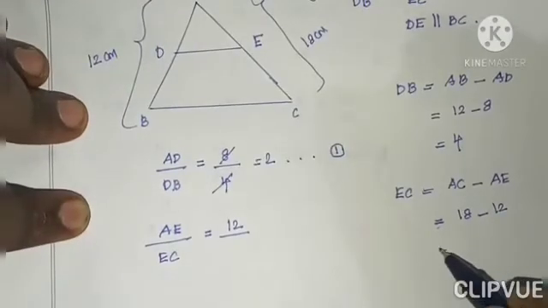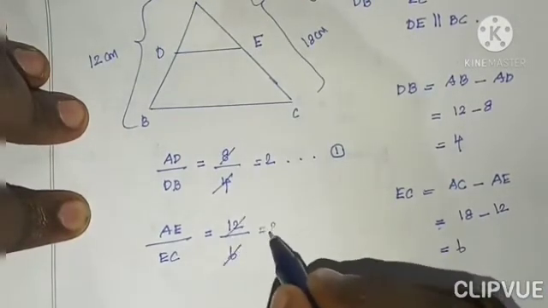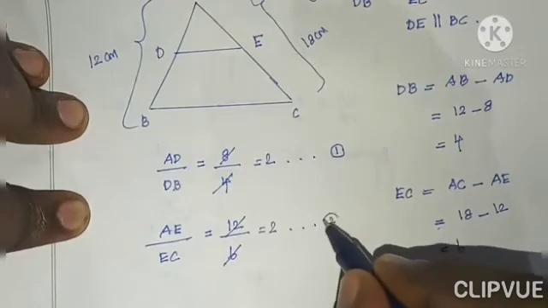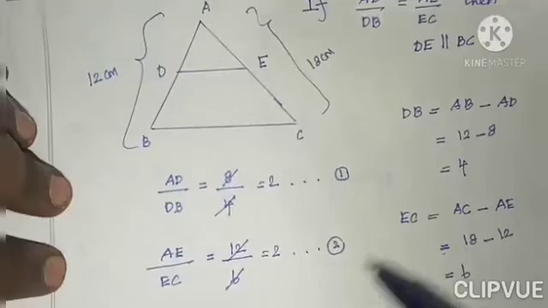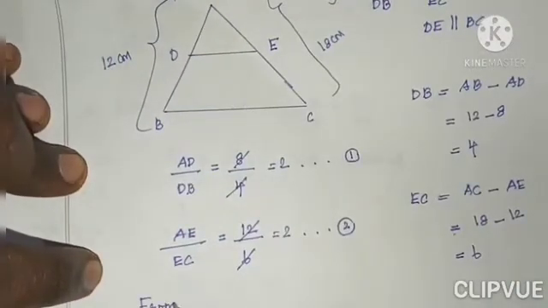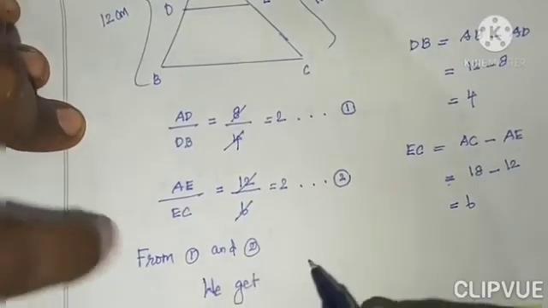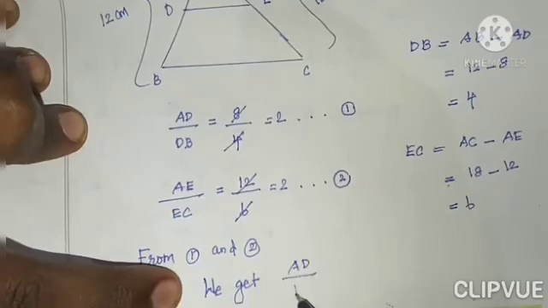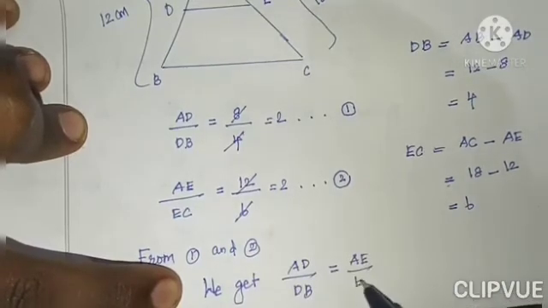So what do we get? 18 minus 12 is equal to 6. 2 by 1 again. From 1 and 2 we got LHS is equal to RHS. So we get AD by DB equal to AE by EC.